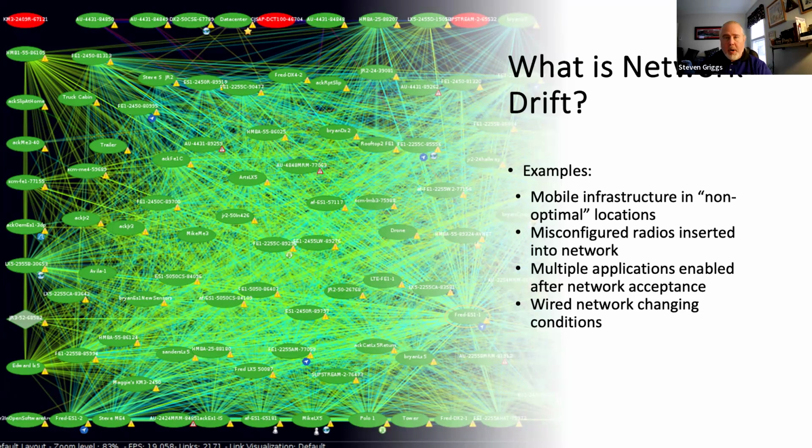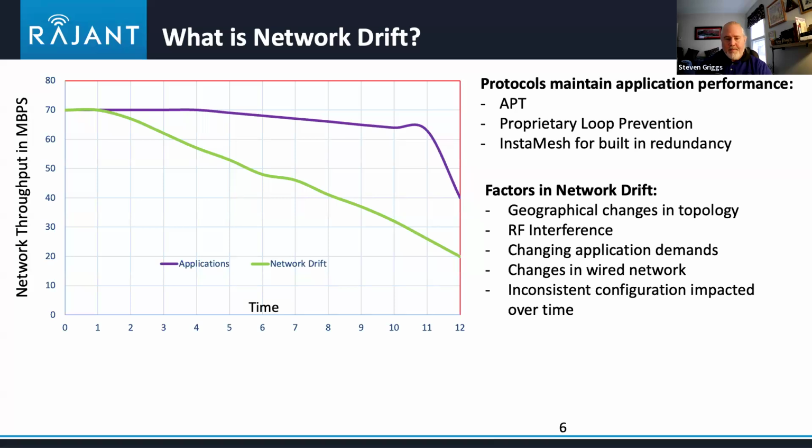Also, we know that this never happens, but wired network conditions change. So somebody adds a VLAN, reconfigures a trunk. We've seen switch ports go bad. The RJ45s connected to the Ethernet ports go bad. Things like that happen over time. So all of these things can certainly contribute to network drift.